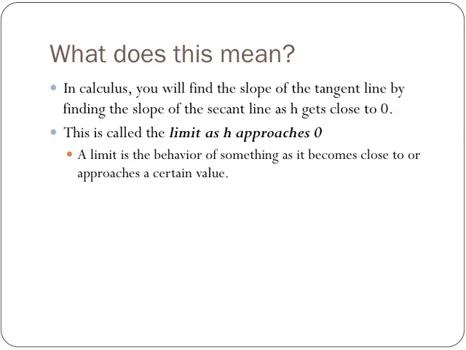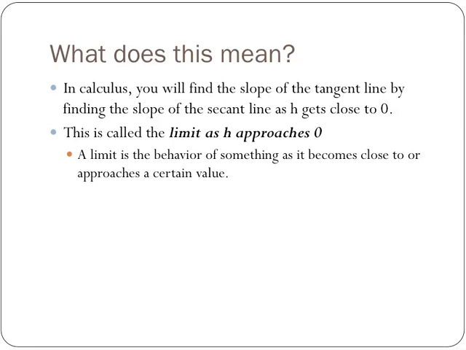So as h approaches 0, as that red point gets closer and closer to the black point, what is the slope of that line? If h is exactly equal to 0, then we have exactly that tangent line.